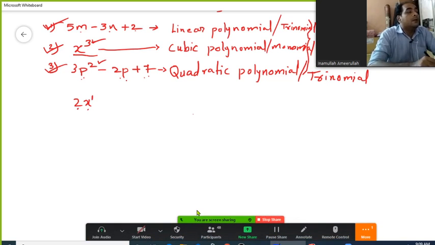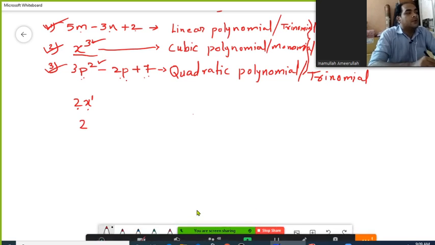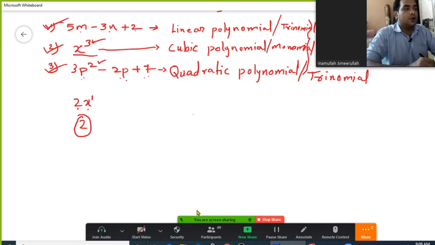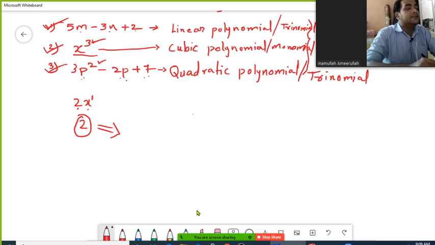Now if I write only 2, the question arises whether it is a polynomial or not, because 2 is just a number. So whether this 2 is polynomial or not, it is a polynomial. Then the question arises, it is important to have number as well as variable for being a polynomial, so where is the variable with this 2?